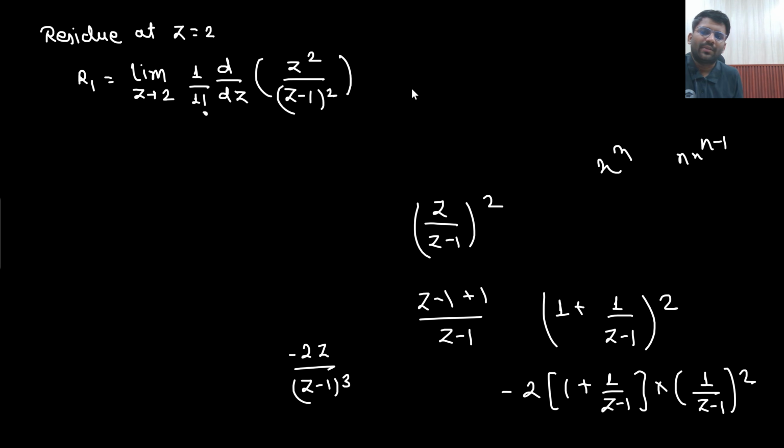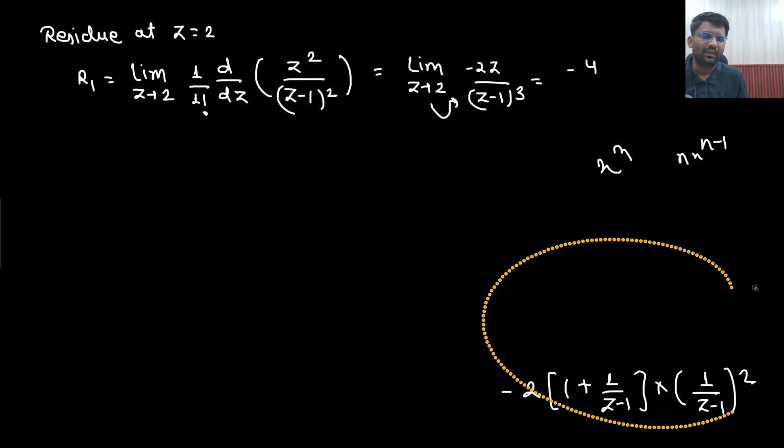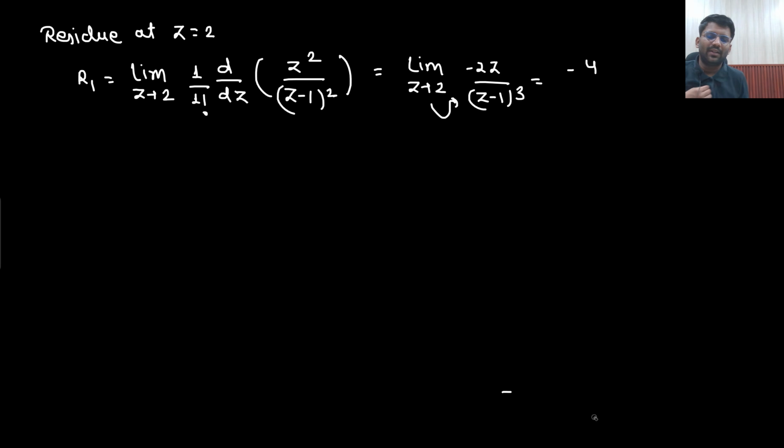Limit z tending to 2 of minus 2z upon z minus 1 to the power 3. And then you put z tending to 2 here. What is the answer? Minus 2 into 2, this will be minus 4. Yes, the answer is coming out to be minus 4. Okay, so differentiation we need to do. It is a bit lengthy process, but smartly you need to do the calculation.